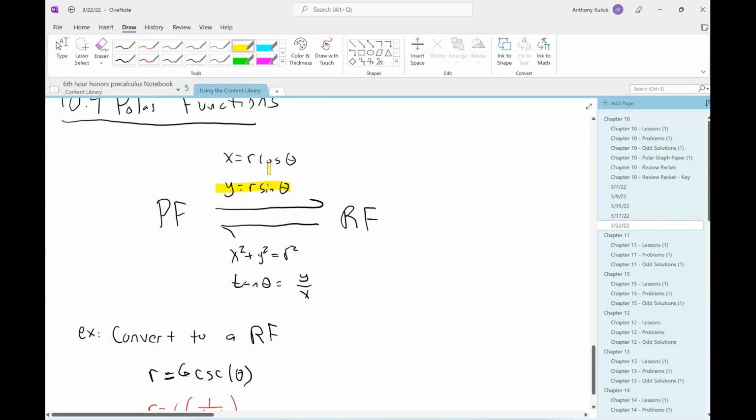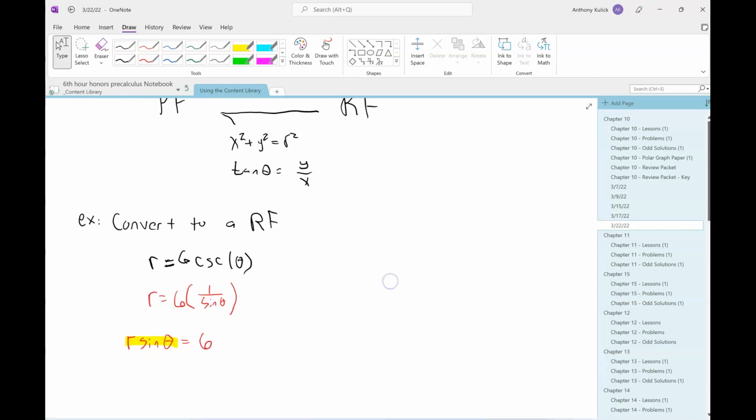It's y. Right? Y is equal to r sine theta. So r sine theta is just y. So I'm done.